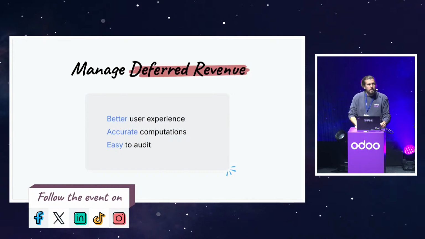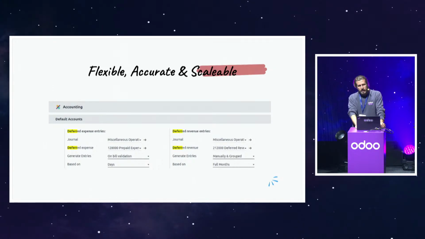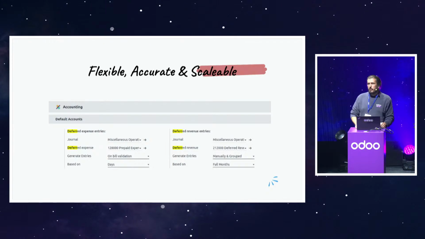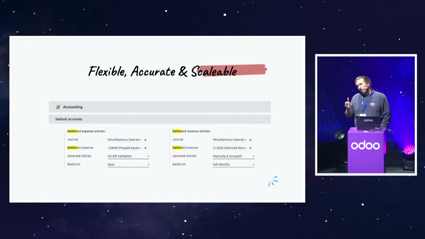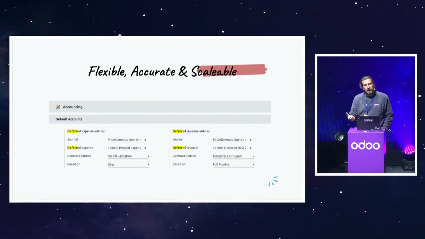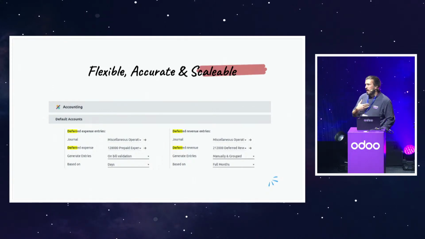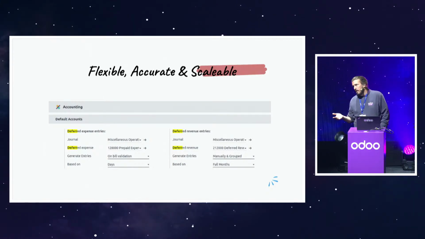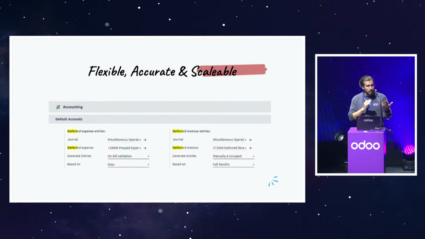It still remains very simple. So what I want to show you today is how flexible, accurate, and scalable our solution is. First of all, we talk today about the deferred revenue because at Odoo we sell a lot of subscriptions. So we ourselves are the first users of the solution. But of course, all what I say can adapt for deferred expenses as well.